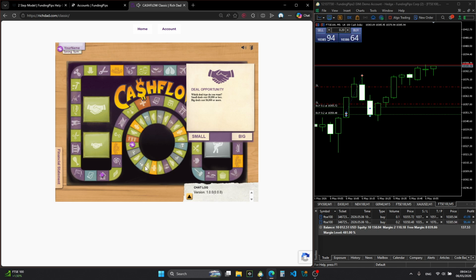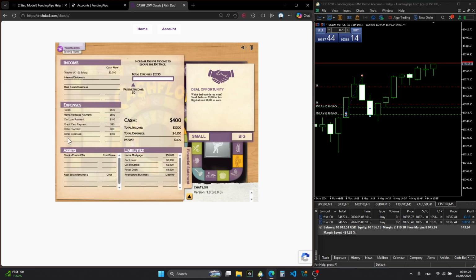These green ones are opportunities. This one is lessons. This one is salary, which for me currently is around 3300. I am a teacher. I have a salary. I have expenses. I have credit card loans, debts, nothing else.